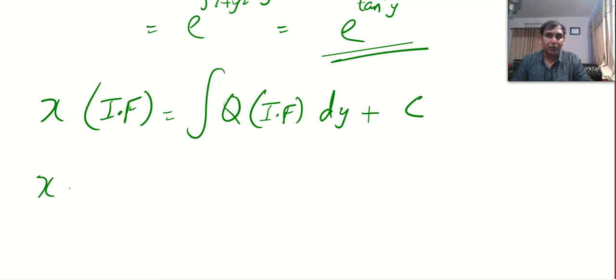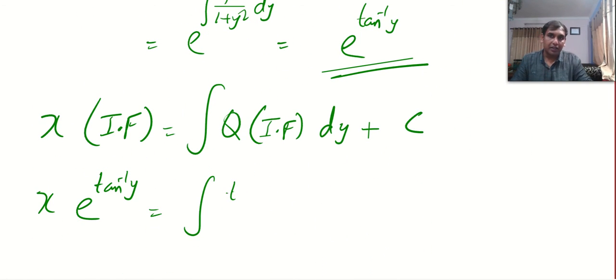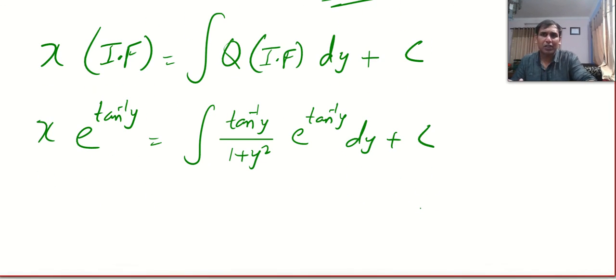That is x into e to the power tan inverse y is equal to integral tan inverse y divided by 1 plus y square into e to the power tan inverse y dy plus c. Now this integration looks a little bit complicated, but it is not.